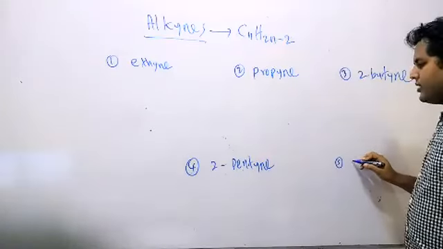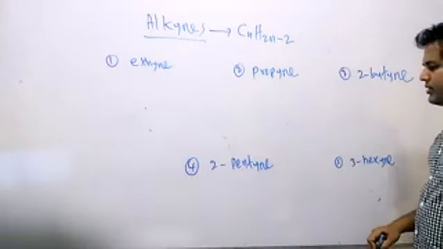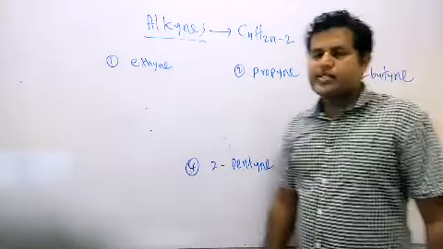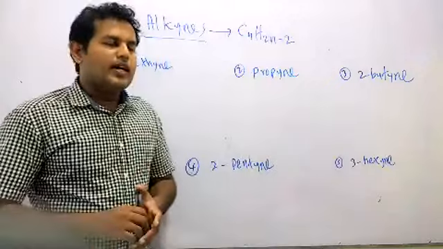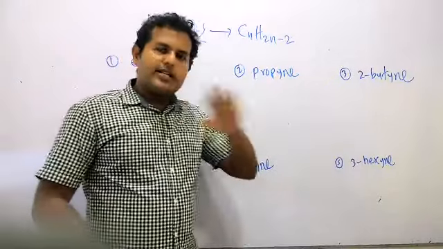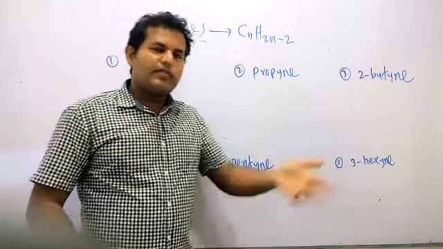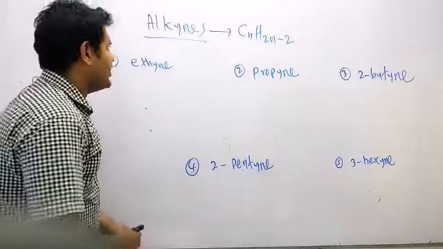And then 3-hexyne. Yes, so try to draw these structures. We have not written the alkyne note. It is under the topic that we have written as carboxylic acids, because we were going to start that part, but here we have to finish that. We have not done alkynes.